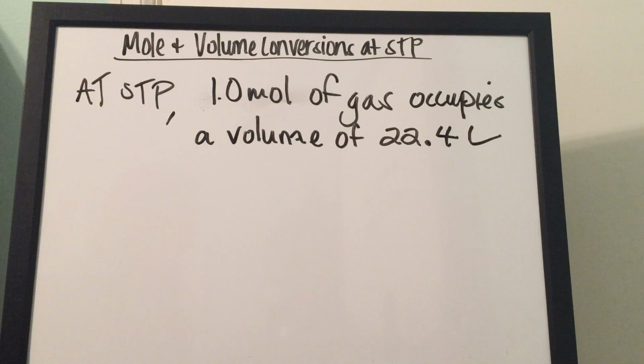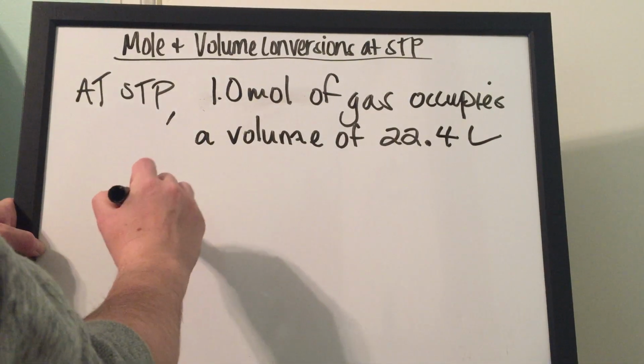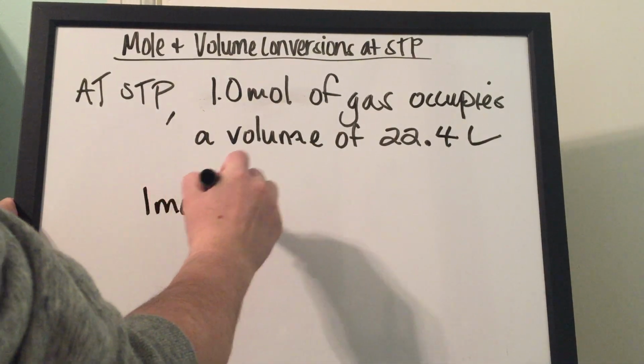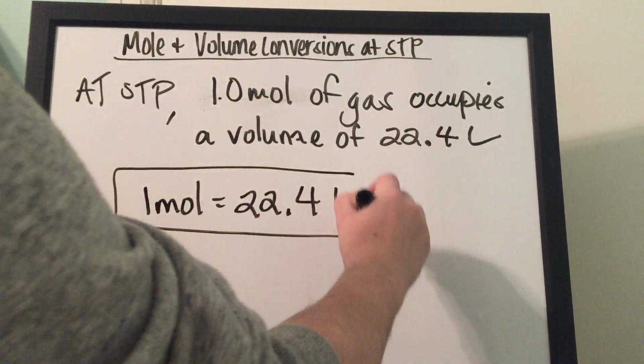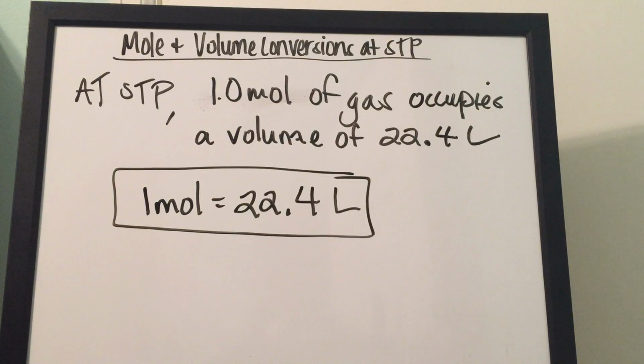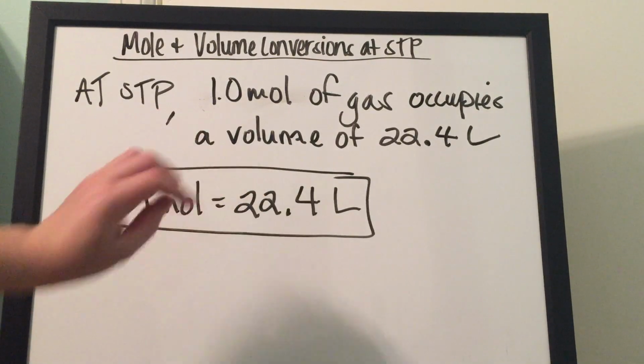And so now we have this new conversion factor, which is that 1 mole equals 22.4 liters. As long as it's a gas, and as long as it's at standard temperature and pressure, then this conversion factor holds true.